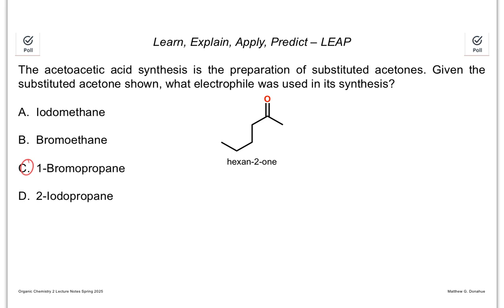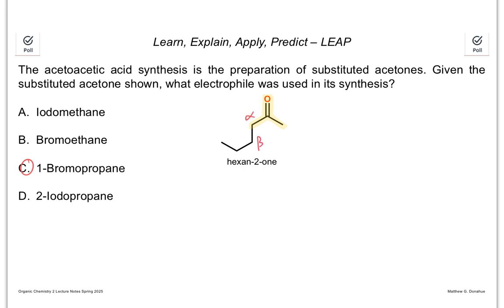So when we look at that, let me highlight in yellow. So there's the 3 carbons of the acetone. So there's the alpha carbon.